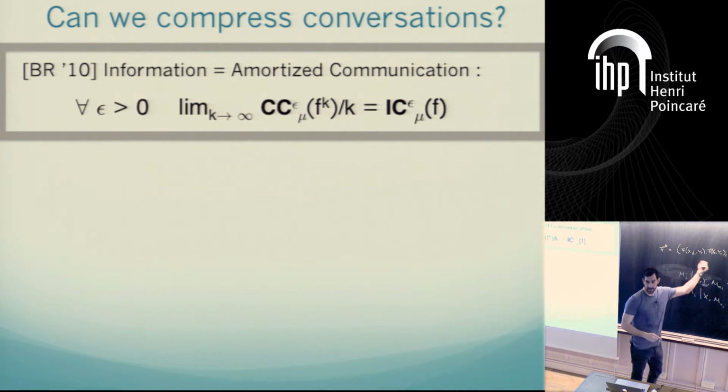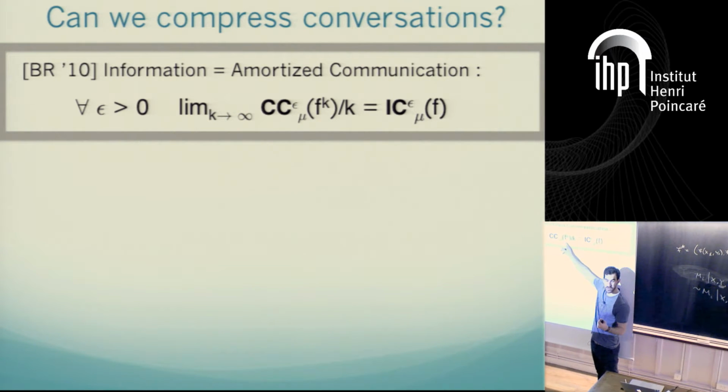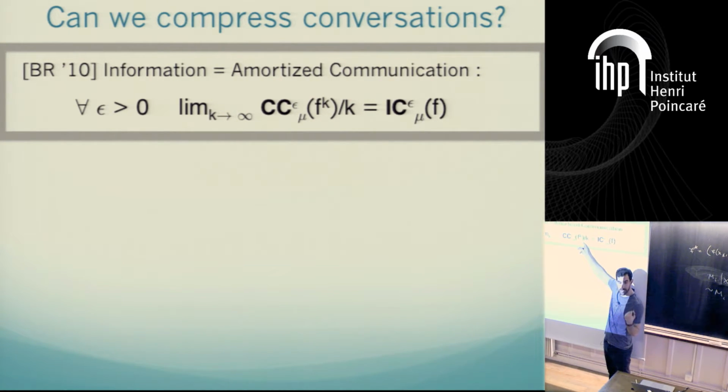Okay, so it's a k-bit vector, and the goal is to output the answers to each one of the copies. And the theorem states that if we want to compute the amortized communication cost of performing this k-fold task with a per-copy error of epsilon, let's say an error of a third on each copy, then the communication cost of this k-fold task scales precisely as the information cost.